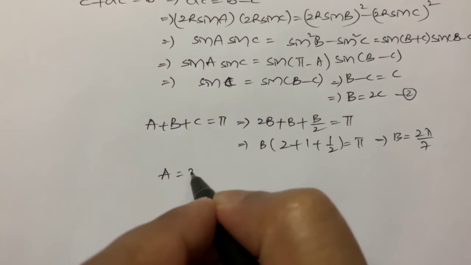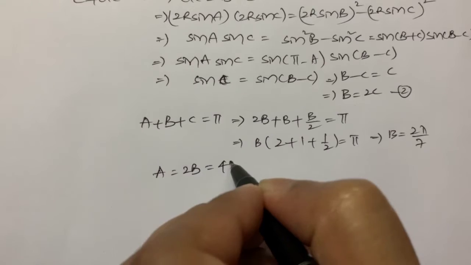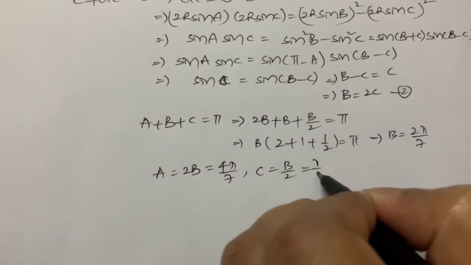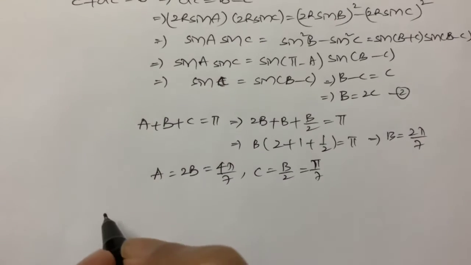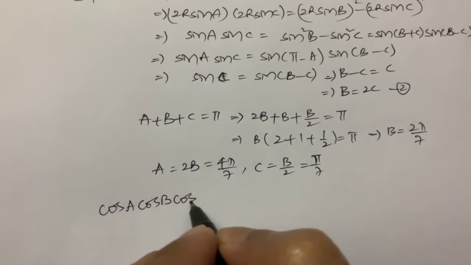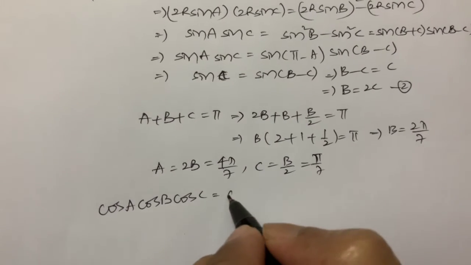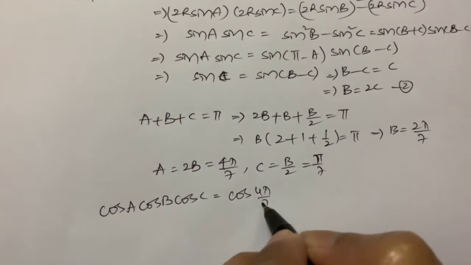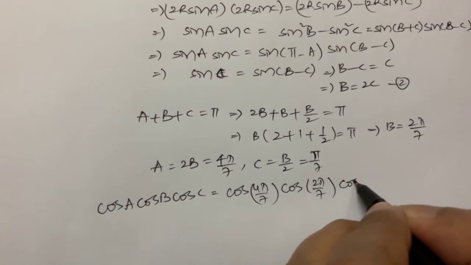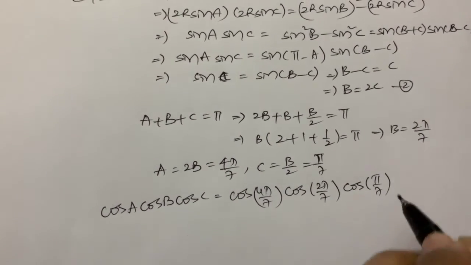So A will be 2B, which is 4pi/7. C is equal to B/2, which is pi/7. So what we want is cos A cos B cos C, which is cos 4pi/7, cos 2pi/7, cos pi/7.